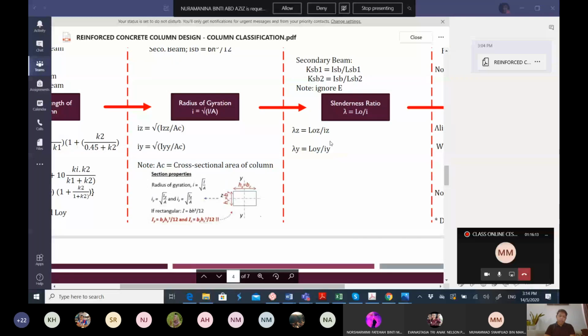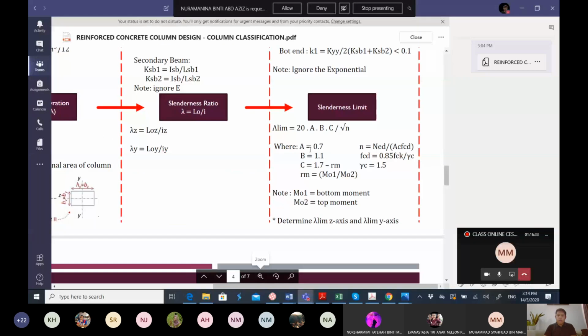This formula is in your appendix, where A is equal to 0.7, B is equal to 1.1, and C is equal to 1.7 minus Rm. Rm is equal to the ratio of moment MO1 over MO2. MO1 is the bottom moment, MO2 is the top moment. So when you would like to calculate your C here, it is 1.7 minus Rm.